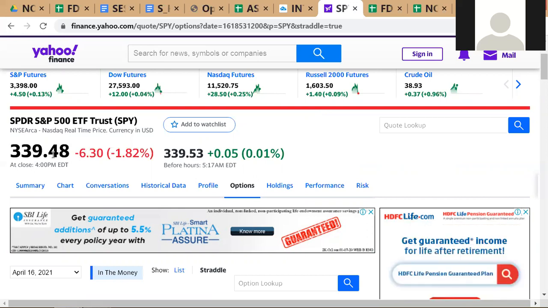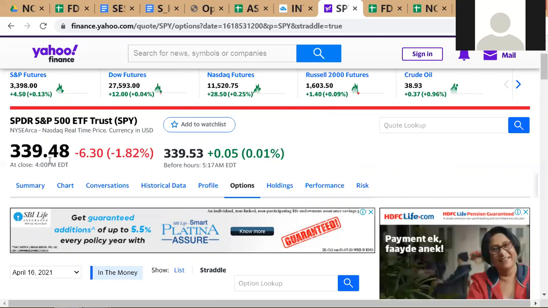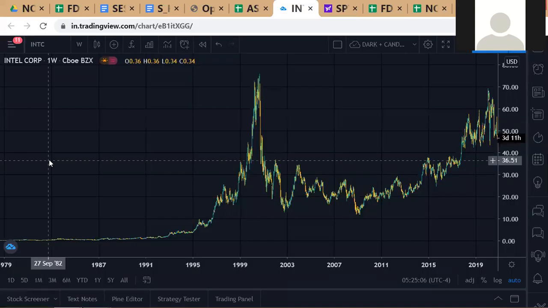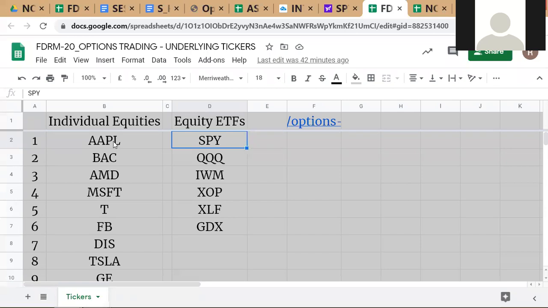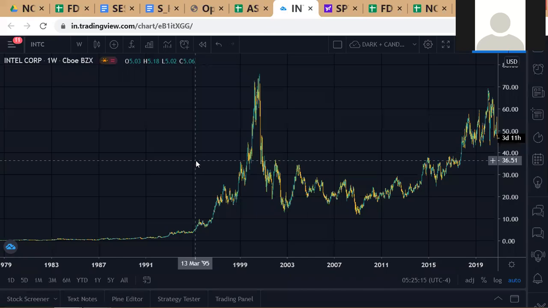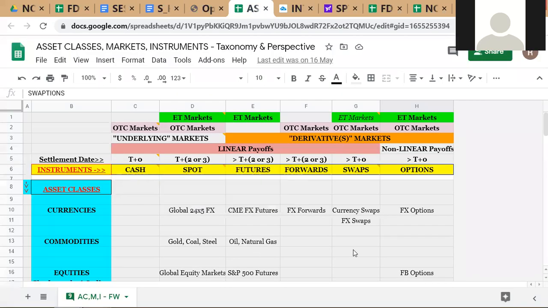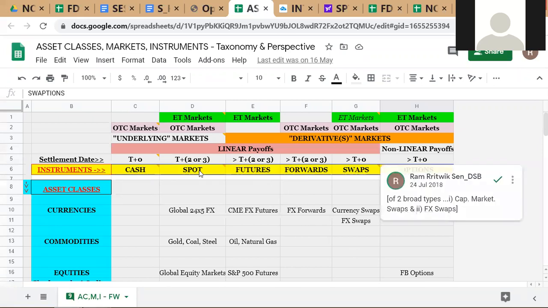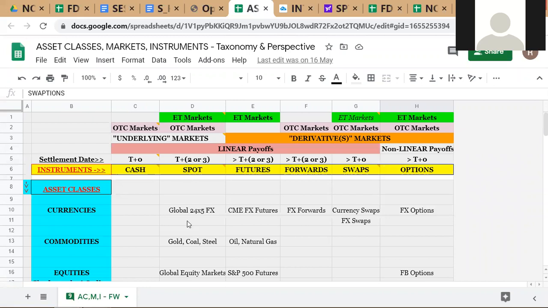Most of the stocks that you traded in your previous term are trading on a spot basis. Even today, this list of tickers are all spot equities. So these ETFs are trading on a spot basis, as in spot, not cash, not futures, not forwards, not swaps, not options, usually T+2 or T+3.